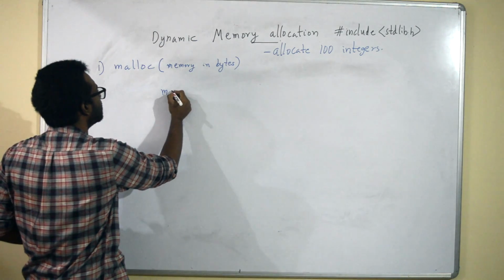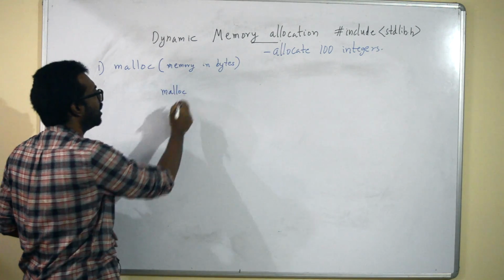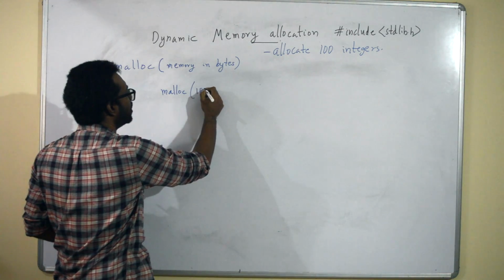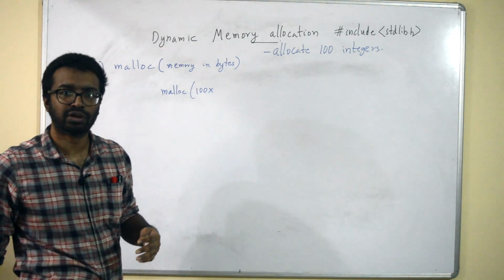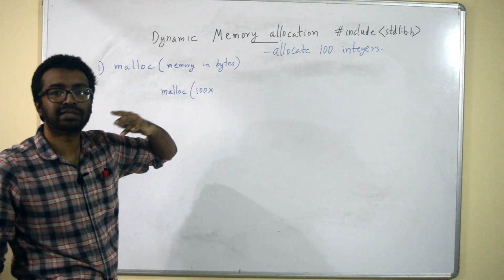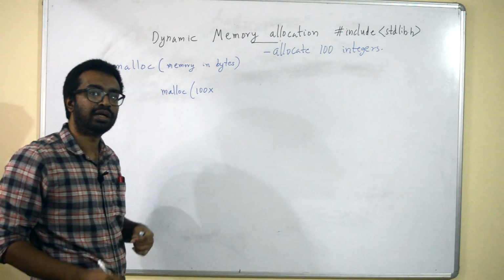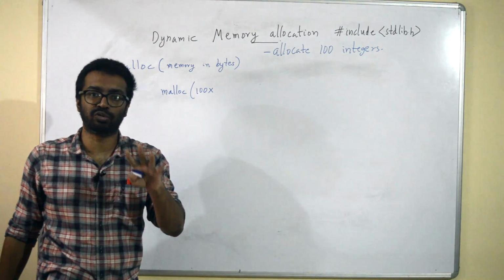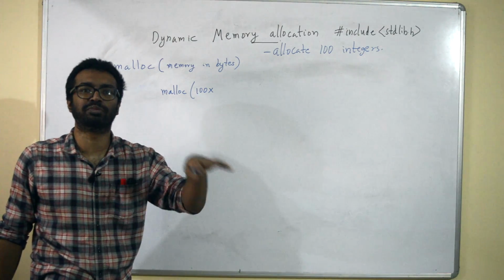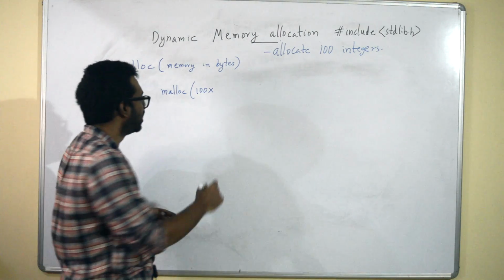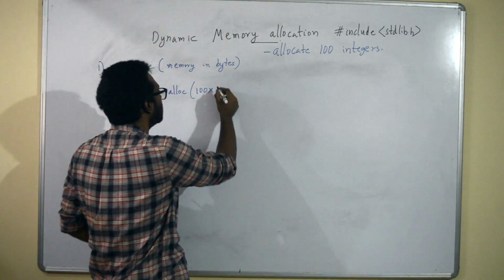I'm going to call malloc with 100 times the number of bytes per integer. And how many bytes per integer? We don't know because it depends on the machine whether it's 2 bytes or 4 bytes. But we know how to get that information. How do I get that? I can use sizeof.